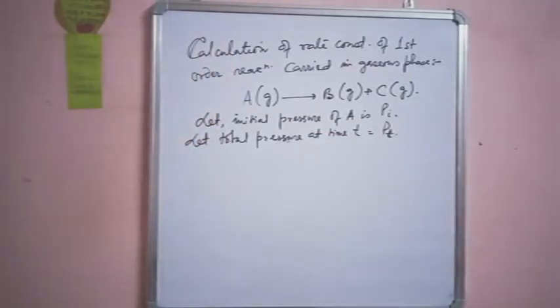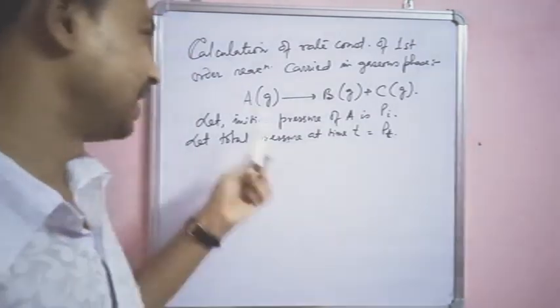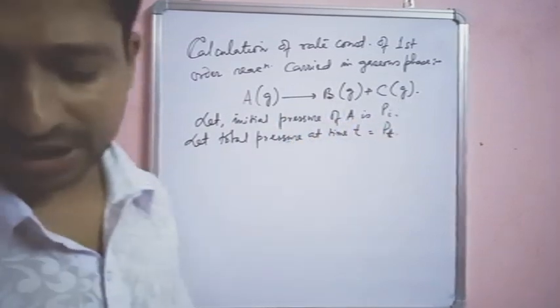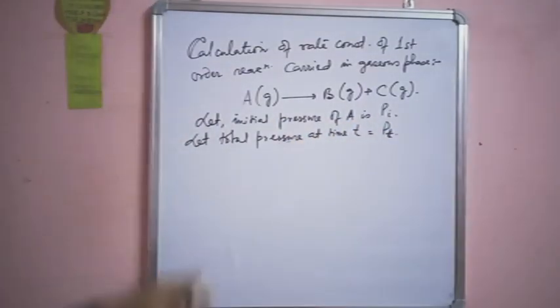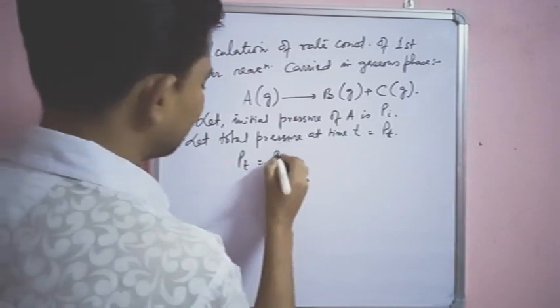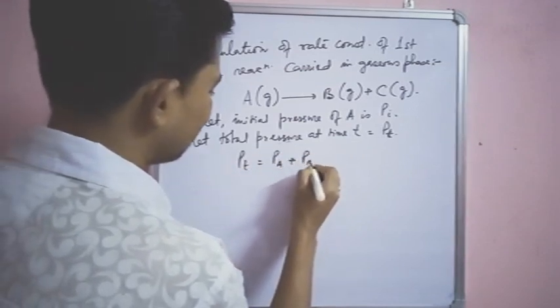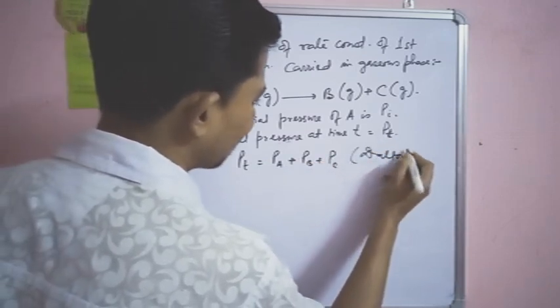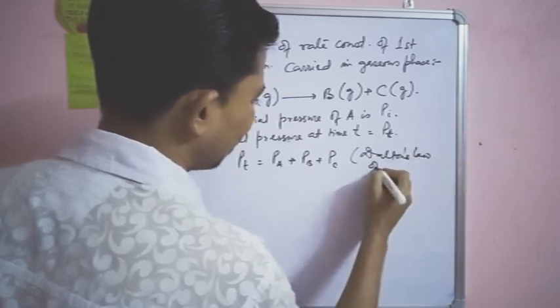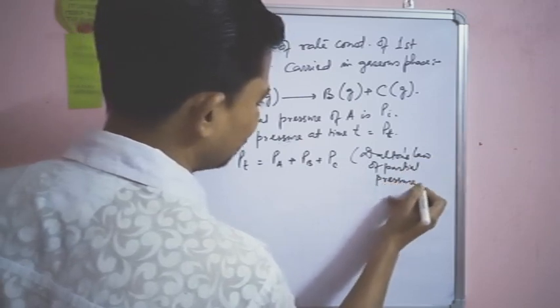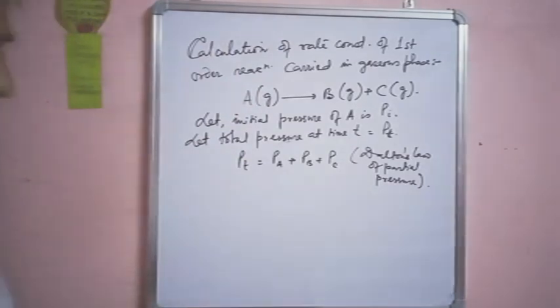Now if PA, PB and PC, the partial pressures of A, B and C, are the partial pressures of the species present in the reaction mixture at time t, then we know that total pressure Pt is equal to PA plus PB plus PC. Where did this come from? It came from Dalton's law of partial pressure. Total pressure is equal to partial pressure of A plus partial pressure of B plus partial pressure of C.